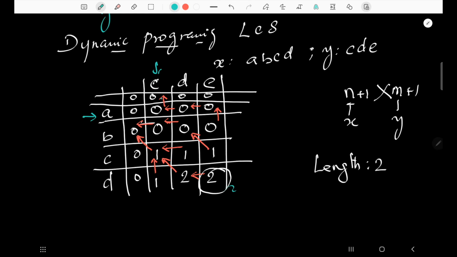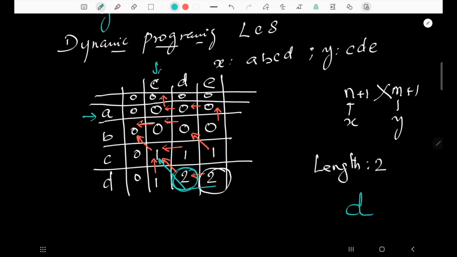Start from the last cell and progress towards the arrow mark. From here I go here, and from here an arrow mark shows here. So whenever you are traveling towards the diagonal, you need to mark the cell. What is the cell? D. So the last term is D, go towards.